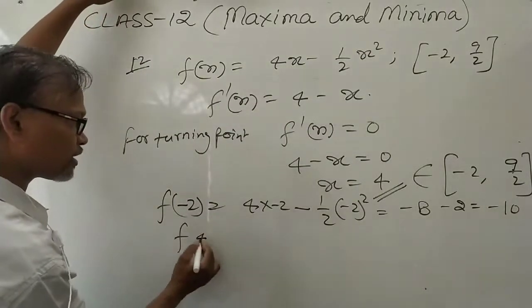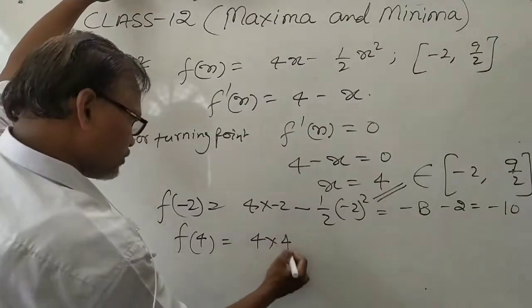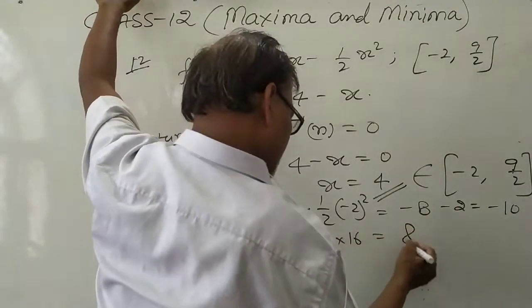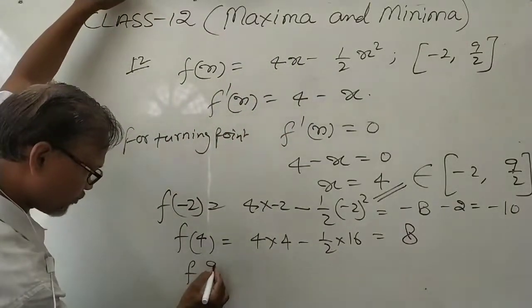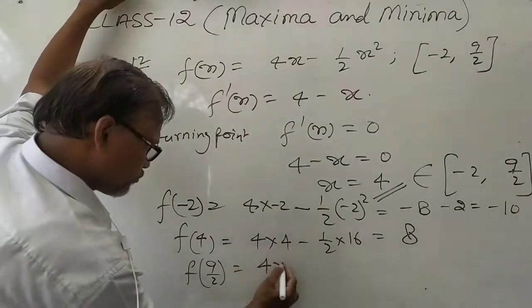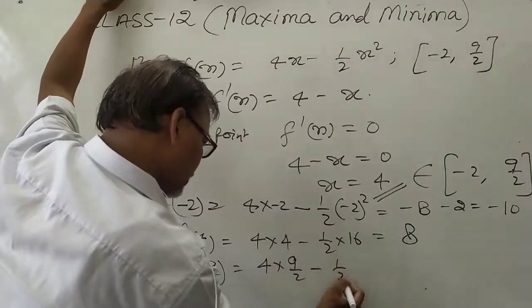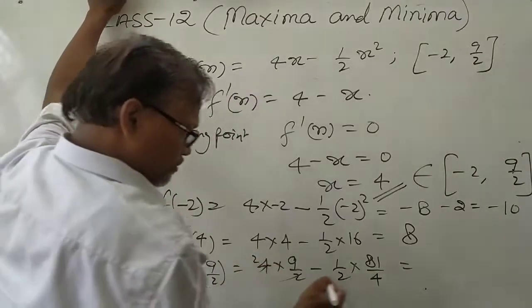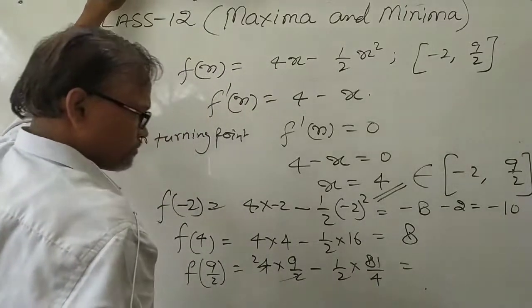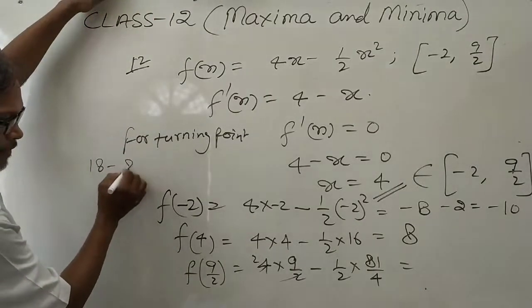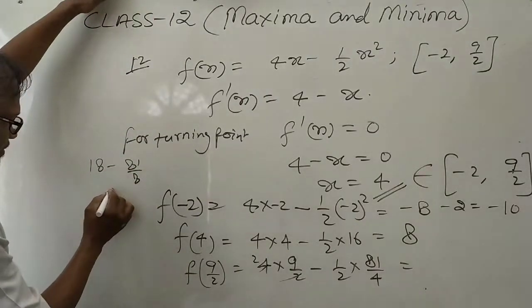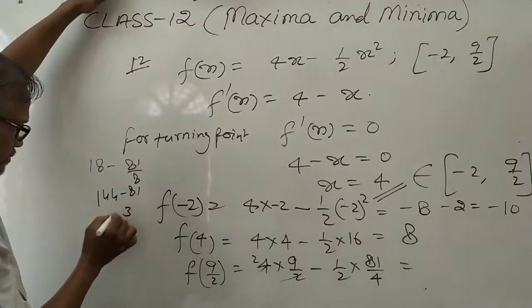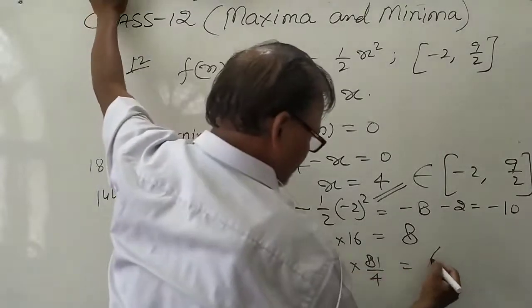Similarly f of 4: 4 into 4 minus 1/2 of 16 is equal to 8. Then f of 9/2: 4 into 9/2 minus 1/2 of 81/4, which gives 18 minus 81/8, which is 63/8.